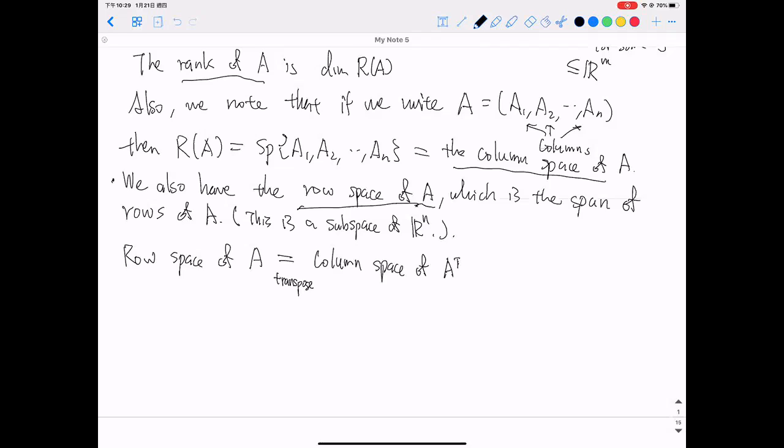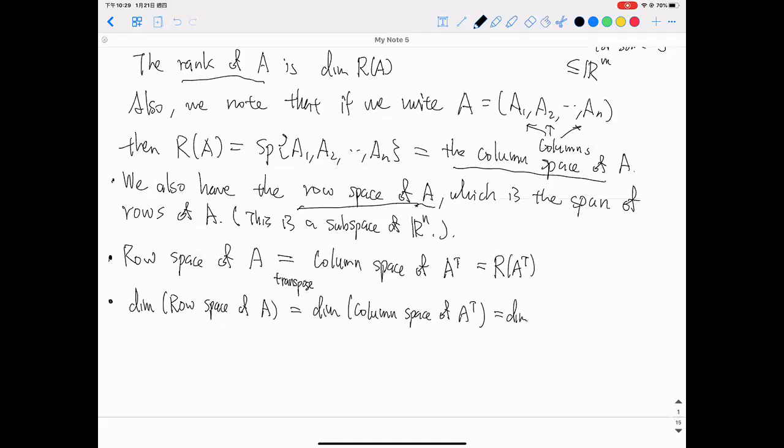Okay. So the dimension of row space of A is therefore the same as the dimension of column space of A transpose. And column space of a given matrix is also called the range of that matrix.